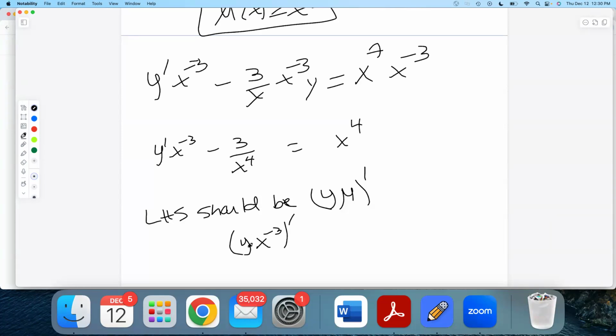Derivative of the first, leave the second alone, plus, leave the first alone, derivative of the second. Derivative of x to the negative 3, the negative 3 would come down, drop down by 1. Yes, it is. So this is derivative of x to the negative 3 times y. This is derivative of y times x to the negative 3. You always have to check that.